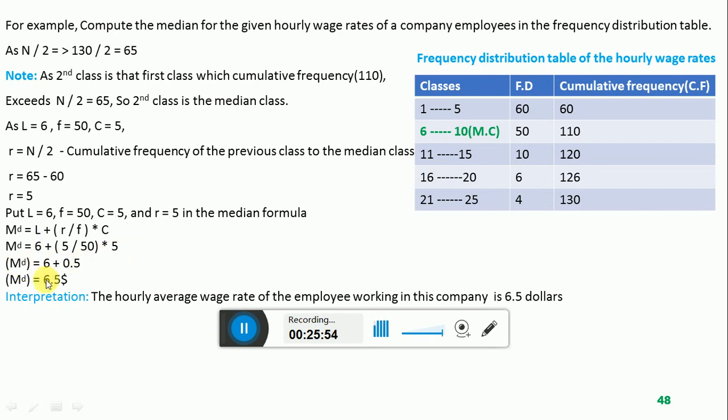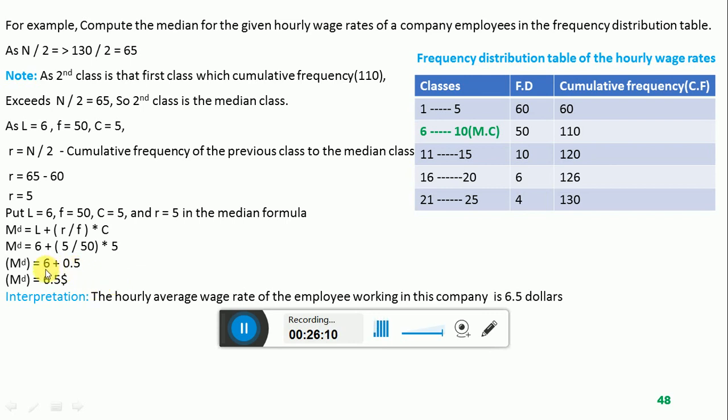MD is equal to 6 as it is, plus, when we multiply all these terms, we find 0.5. And 6 plus 0.5, $6.5 is the median of the given group data.